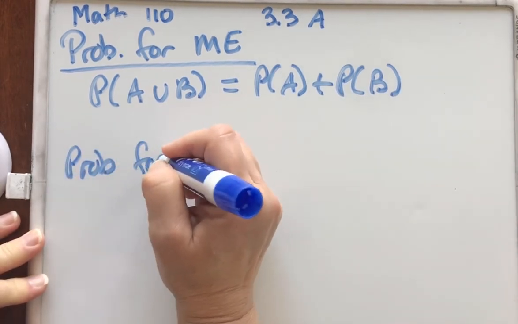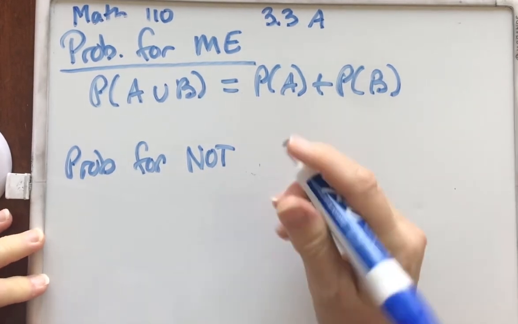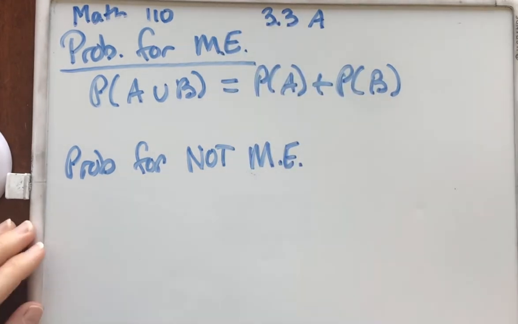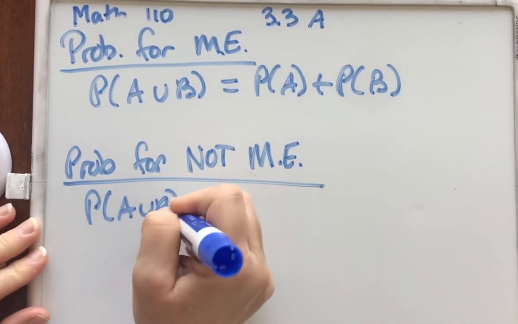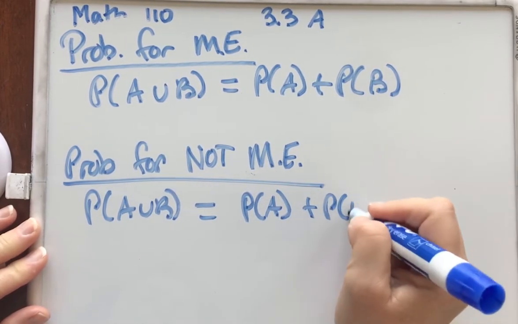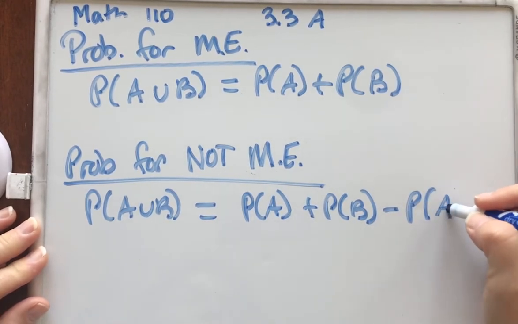Probability for not mutually exclusive is P of A union B equals probability of A plus the probability of B minus the probability of the intersection, A intersect B.